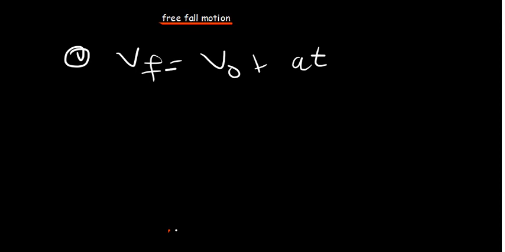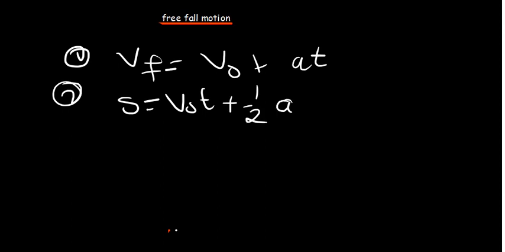We said the first equation is Vf is equal to V initial plus At. Then the second equation, S is equal to V naught times time plus half A T squared.